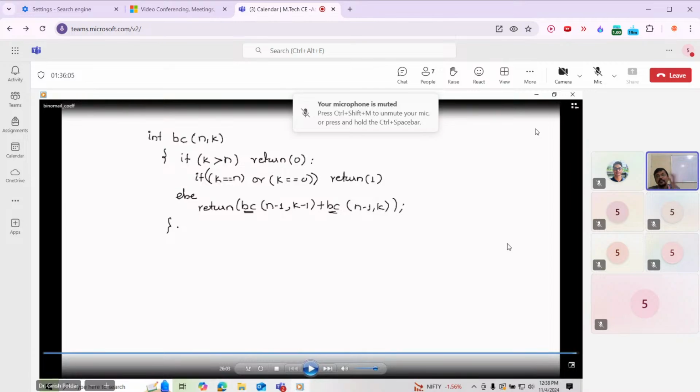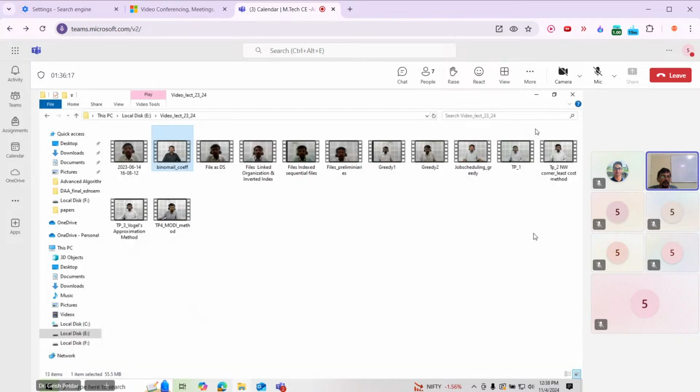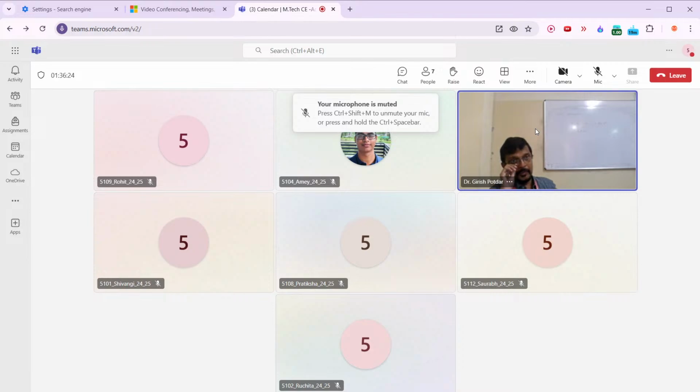So you remember, those who are present or absent, I don't know, but you first learned what dynamic programming is, what the characteristics of dynamic programming are. Then we discussed the steps involved in it. Dynamic programming works on the principle of optimality. And the first example was finding binomial coefficients using dynamic programming.